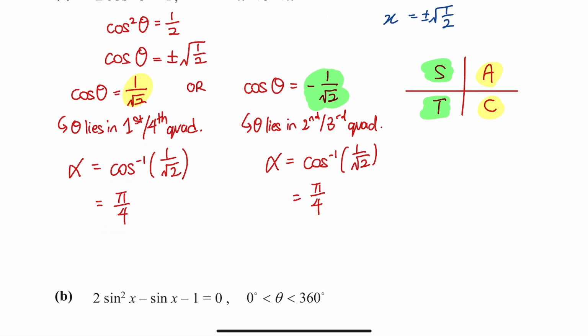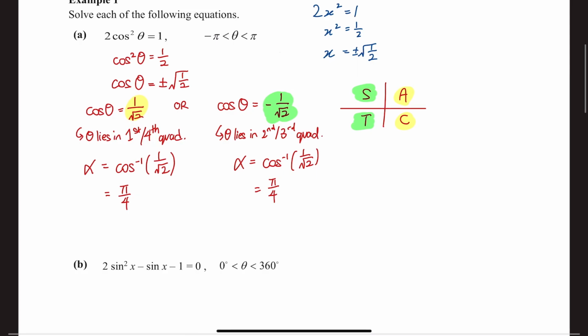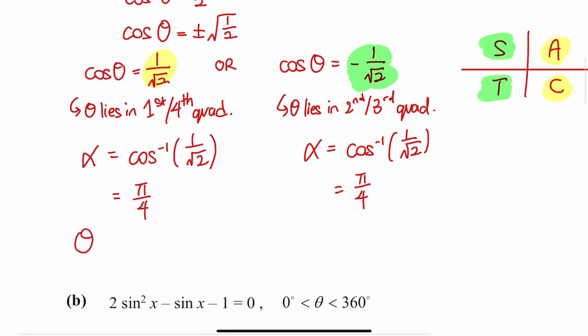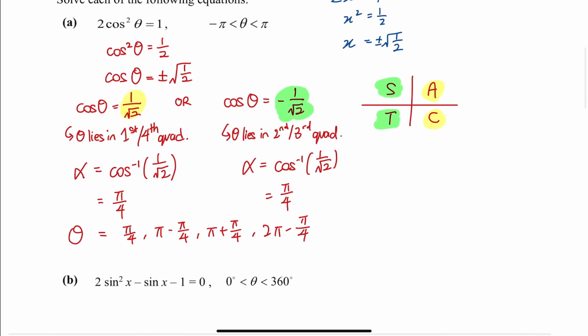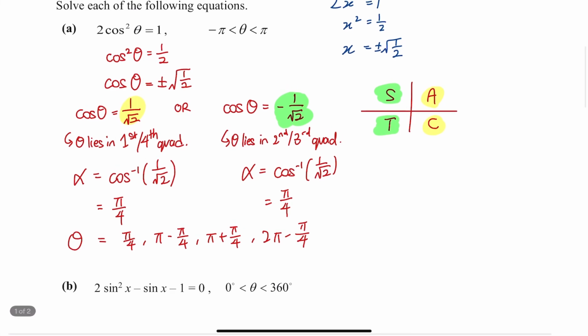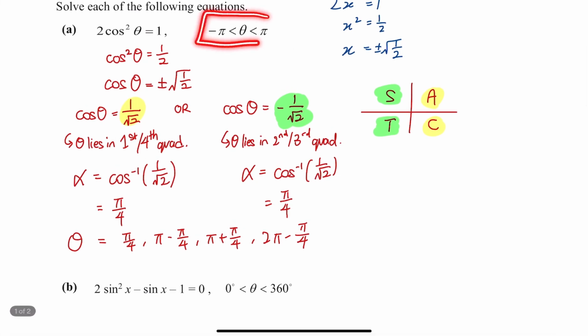So therefore, maybe let me minimize this. Theta is simply equal to: first quadrant, pi over 4; second quadrant, pi minus pi over 4; third quadrant, pi plus pi over 4; fourth quadrant, 2 pi minus pi over 4. But over here, we need to also recognize that if we check the range again, theta is between negative pi and pi.